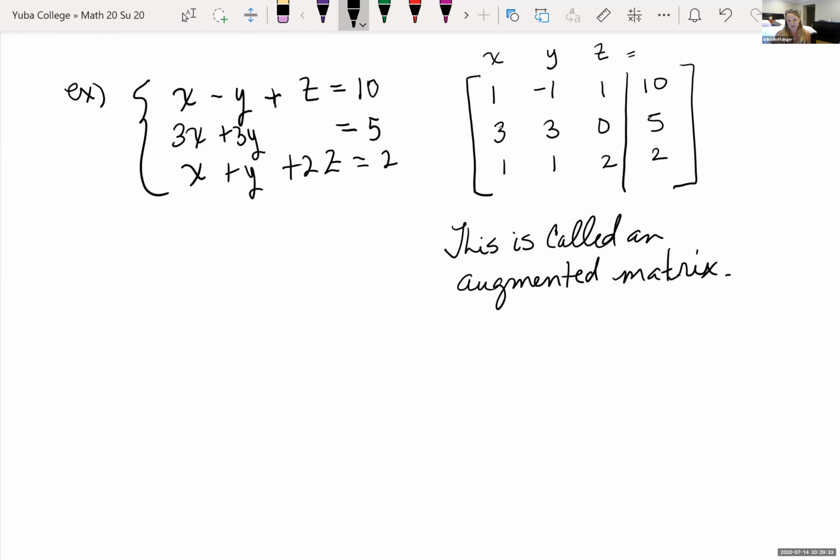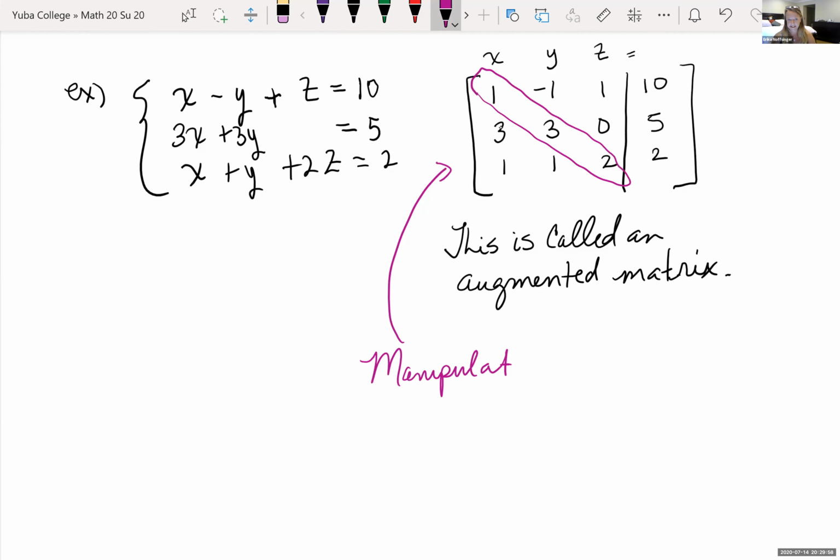Our basic goal is to know what x, y, and z are. So what we're going to try to do is manipulate this to look like there are ones in the main diagonal and zeros everywhere else in this matrix.